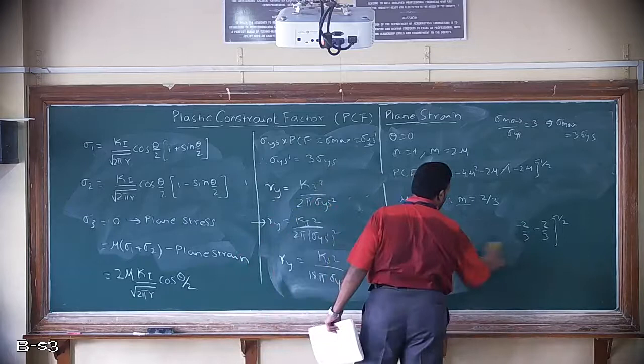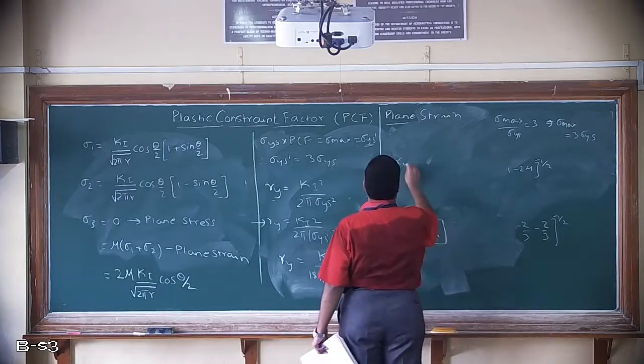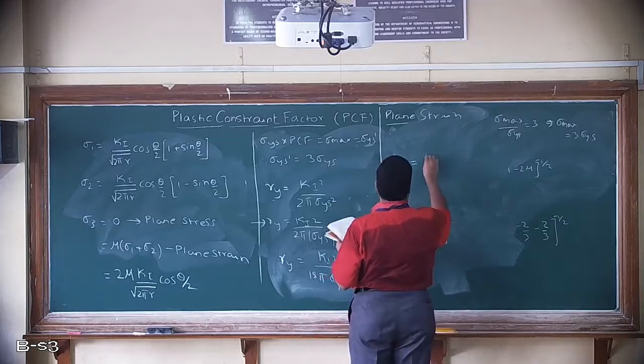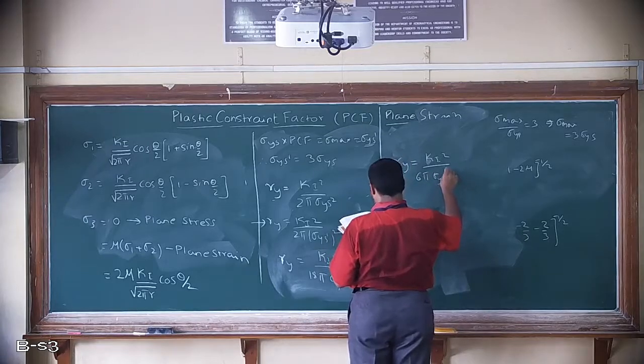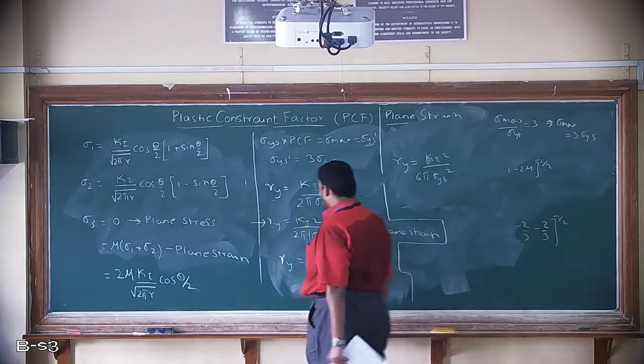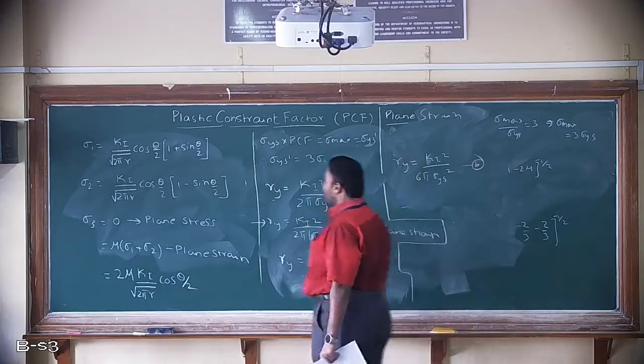Instead of 18 in the denominator we get Ry equal to Ki square upon 6 pi sigma ys the whole square. You can take this as equation number B.